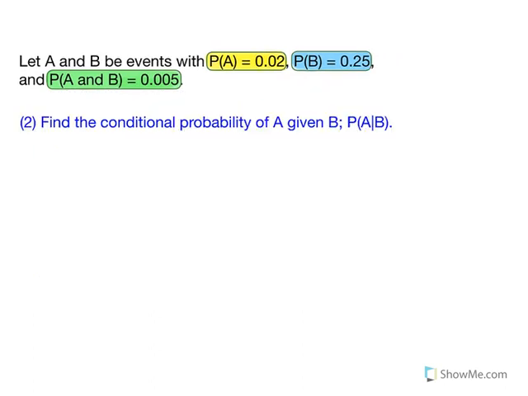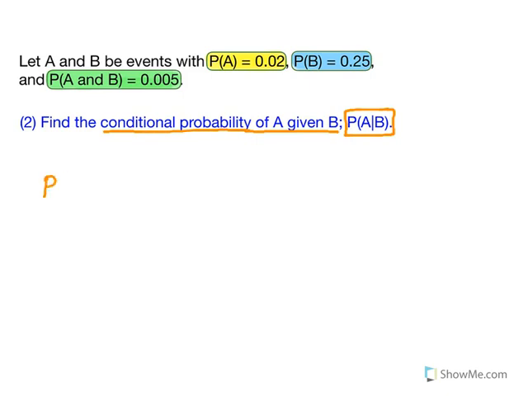Now the second part is find the conditional probability of A given B, which we write like this: probability of A, then a vertical line B, but you read it probability of A given B, or you say probability of A happening given that B has occurred already. So we have a rule for this.